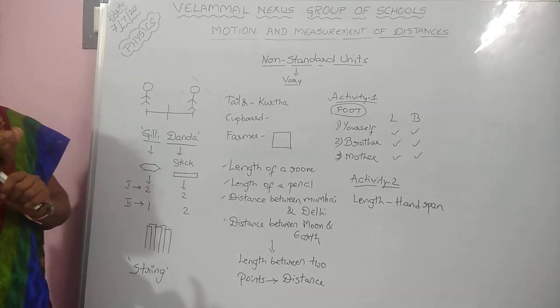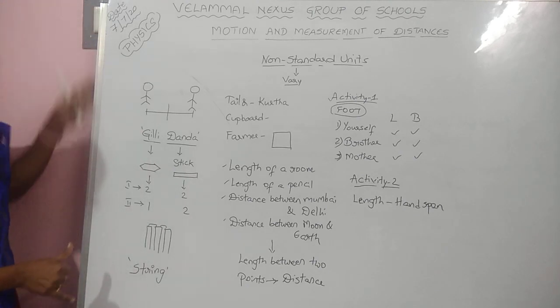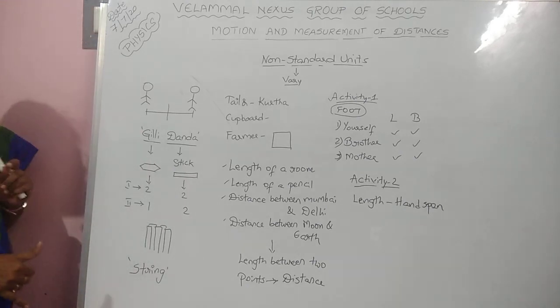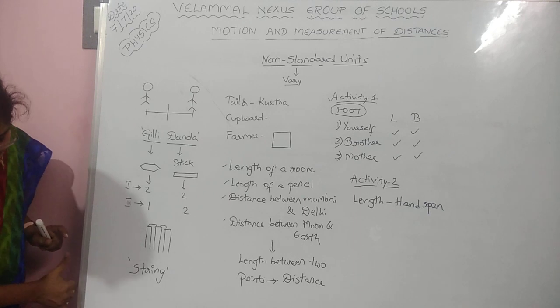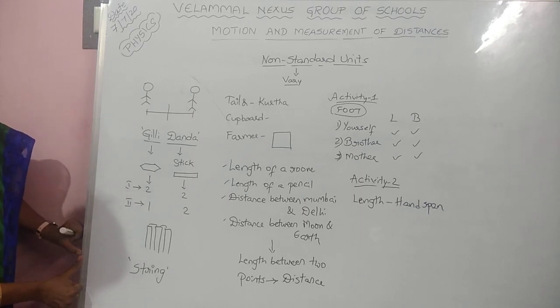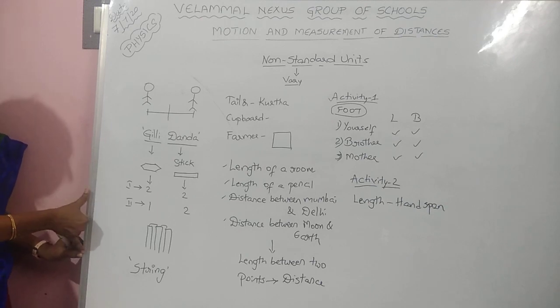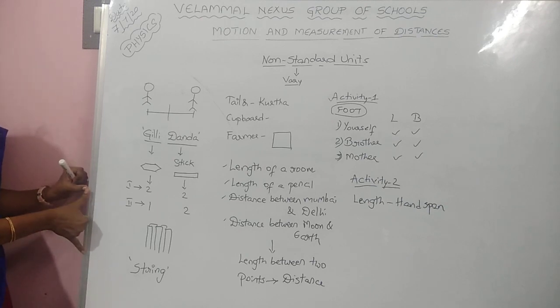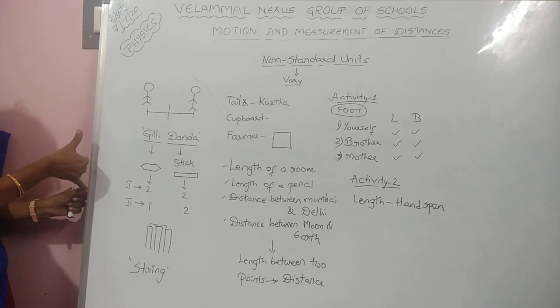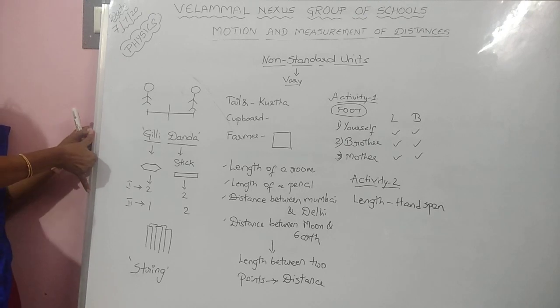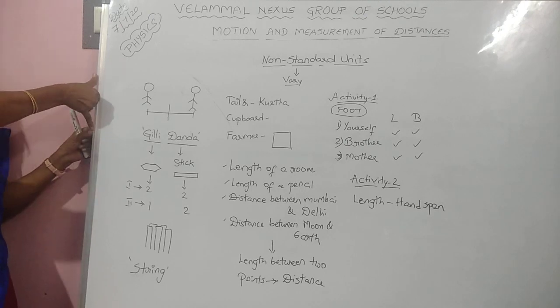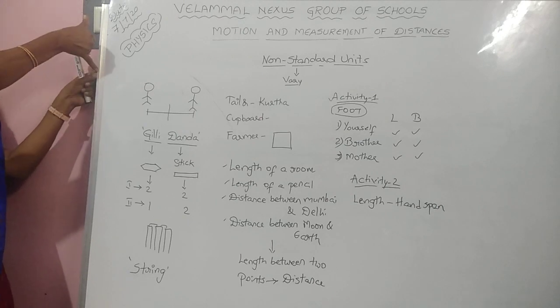For example, I want to measure the breadth of this board with the help of handspan. Suppose I take like this. I'll mark it as 1. Then I'll start once again. This as 2, 3, 4, 5.